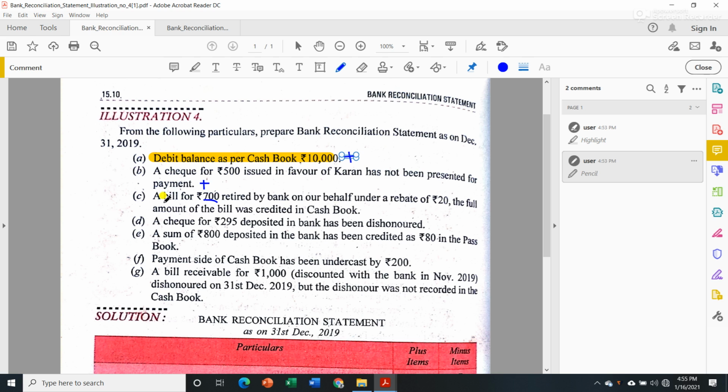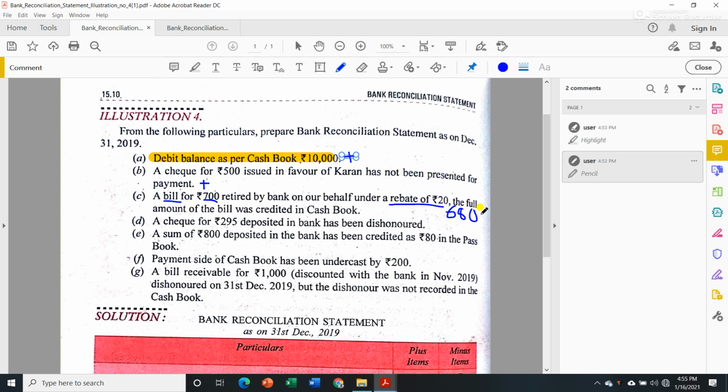Okay, we had a bill of 700, we paid it, and then we got a rebate. You can imagine rebate as nothing but discount. Okay, we paid 700 but we got a return of rupees 20, and in passbook we paid only 680. Okay, because we got rebate of 20 back. So 700 minus 20 is 680.